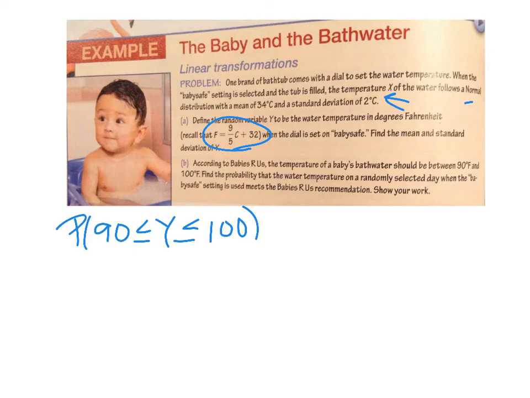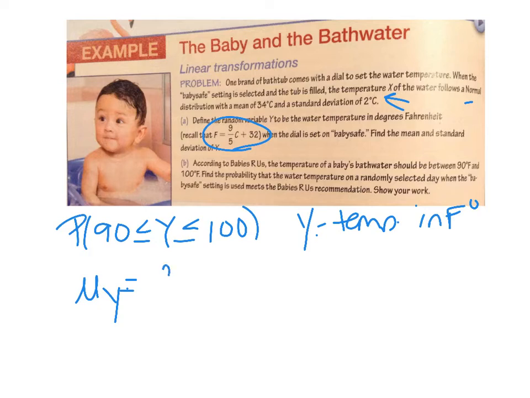If we know that y is our temperature in Fahrenheit, then my mean of y is going to be my mean of x times 9/5 plus 32, because that's my constant.